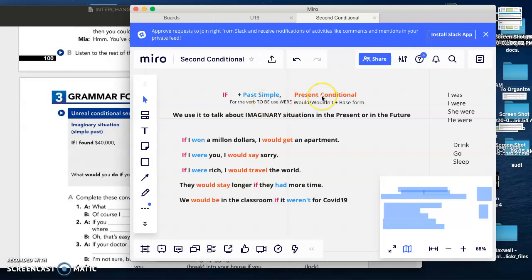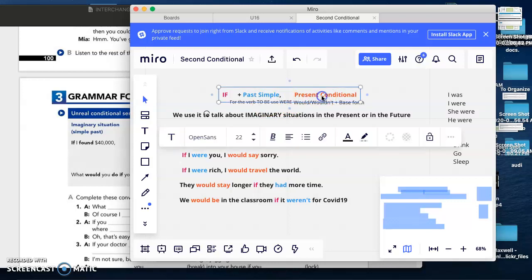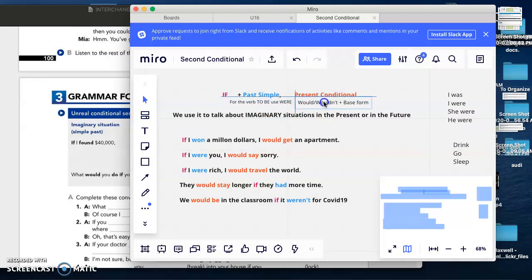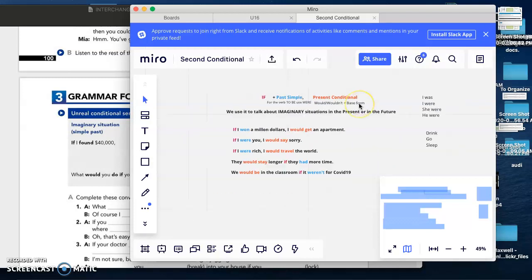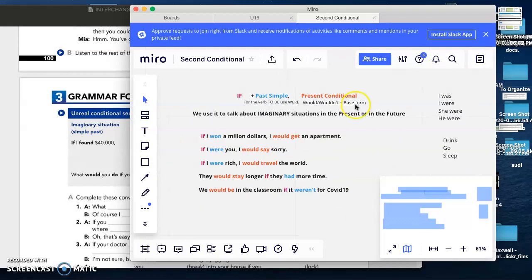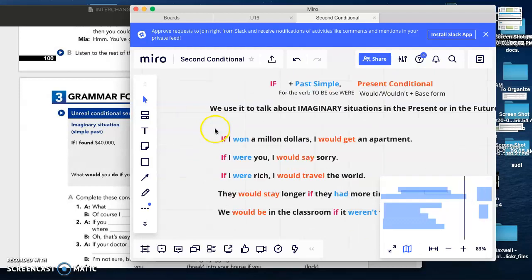And after that, we are using the present conditional. The present conditional is made up of would or wouldn't plus the base form of the verb. So again, this is something that we use when we are talking about imaginary situations in the present or in the future. So here we have some examples.